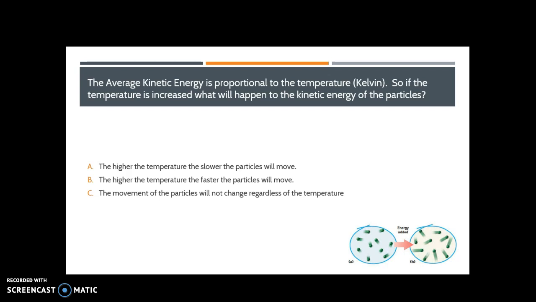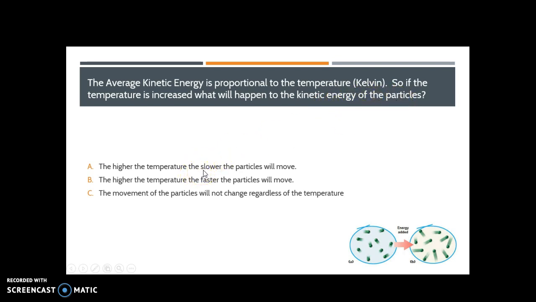The next question asks about the average kinetic energy, and we learned about energy previous to this. It's telling us that the average kinetic energy is proportional to the temperature in degrees Kelvin. Kelvin is the way we measure temperature in a laboratory. Proportional means one increases, the other increases, one decreases, the other decreases. So if the temperature increases, what will happen to the kinetic energy?